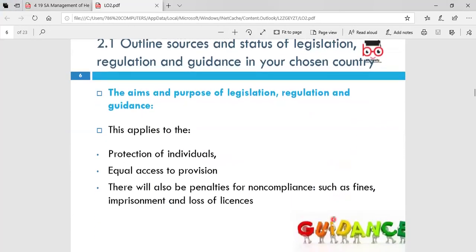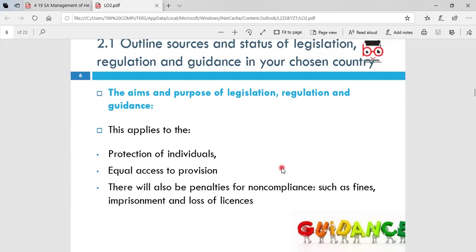So the aims and purposes of legislation, regulation, and guidance should be to protect individuals and to provide them equal access. If they're using any services, there should be equal access to those services, regardless of their race, gender, or ethnic background. There will be penalties for non-compliance: fines, imprisonment, and loss of licenses.